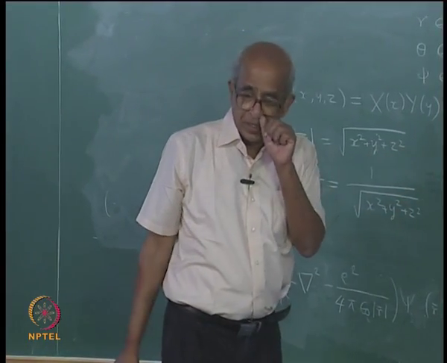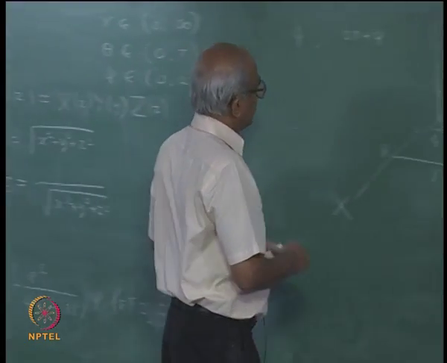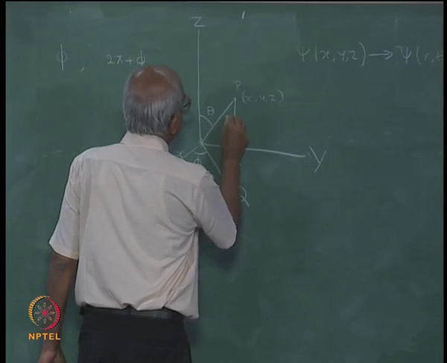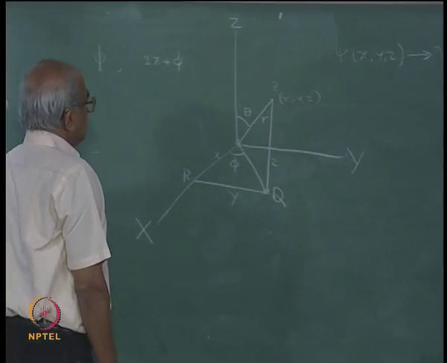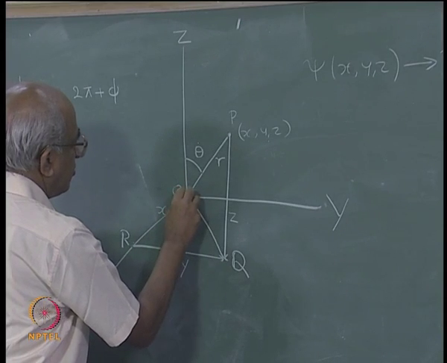Right, this is how the point is, and I have also shown all the coordinates. This is R, and the origin, as I had been telling you, is denoted by the symbol O.